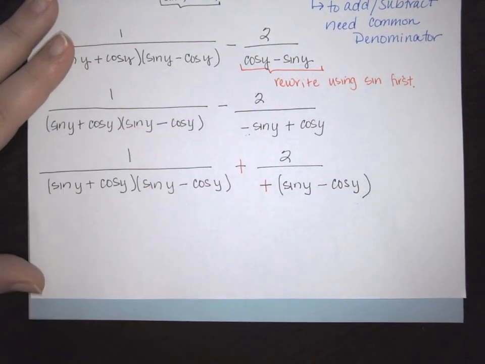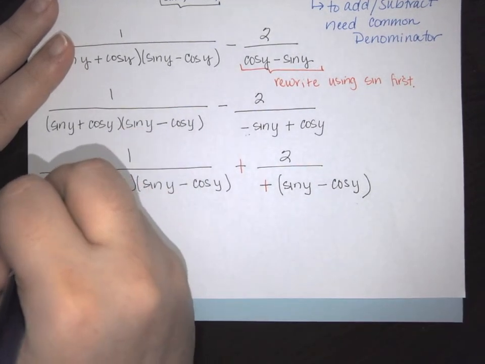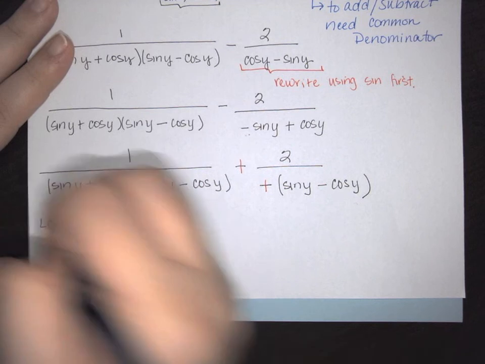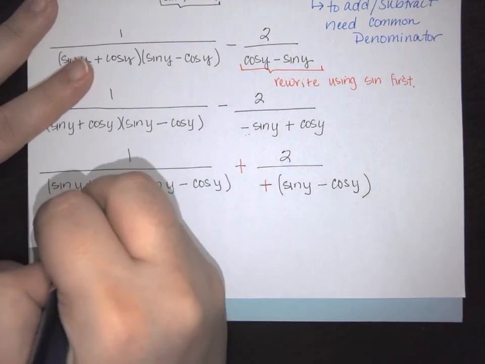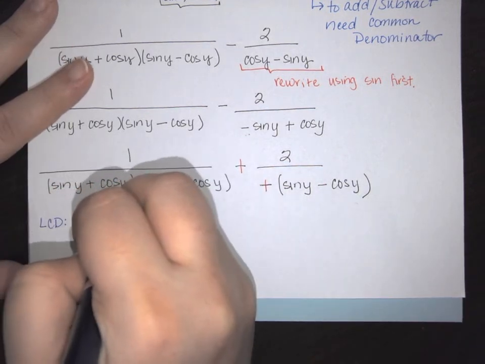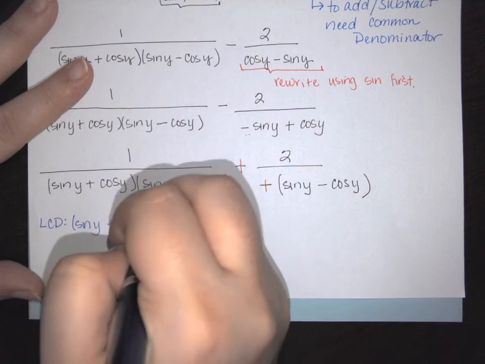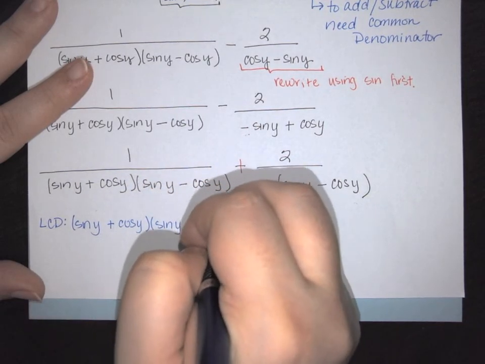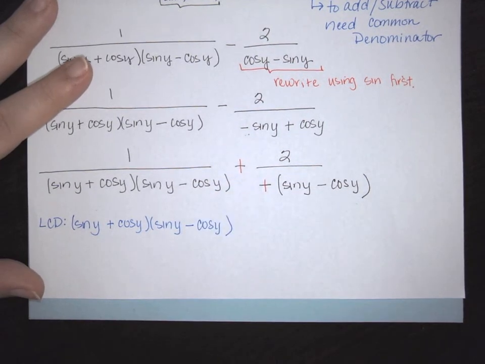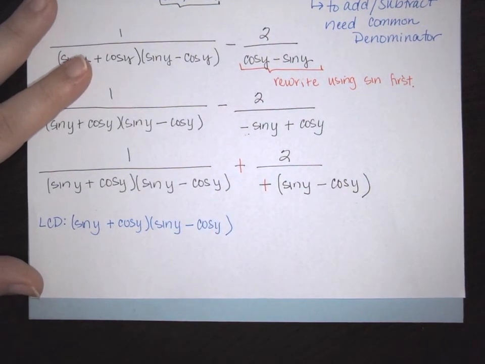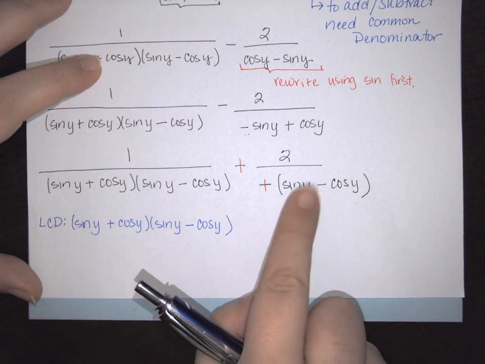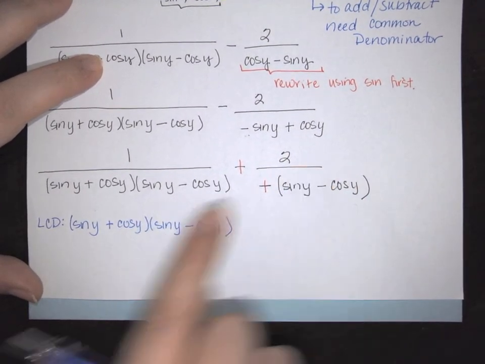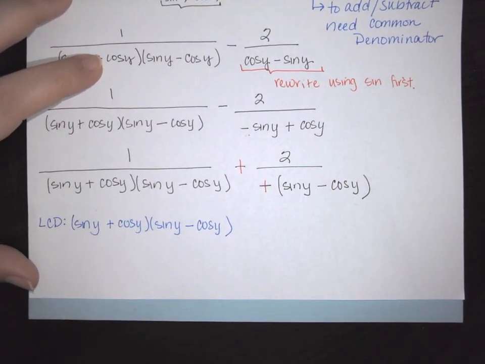And so here I have to look at my least common denominator. So when I try and identify that, my least common denominator in this case is going to be my sine of y plus the cosine of y times the sine of y minus the cosine of y. So here the only thing that's missing from this second fraction is my sine plus cosine.